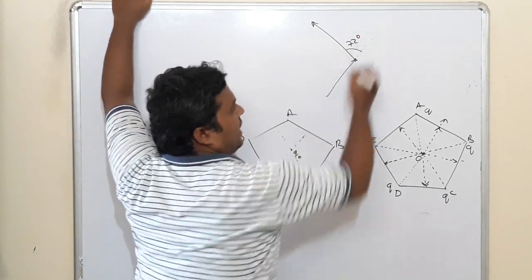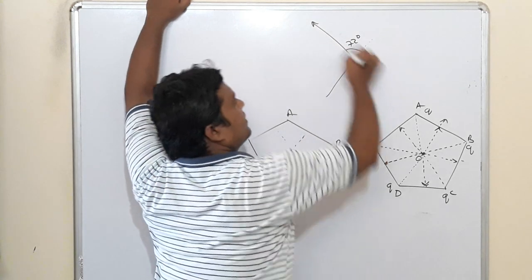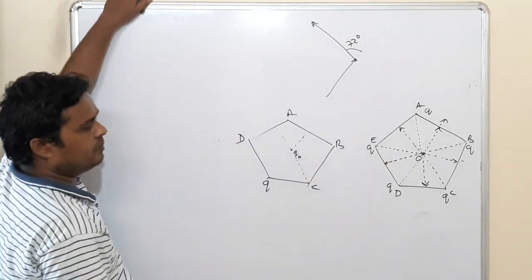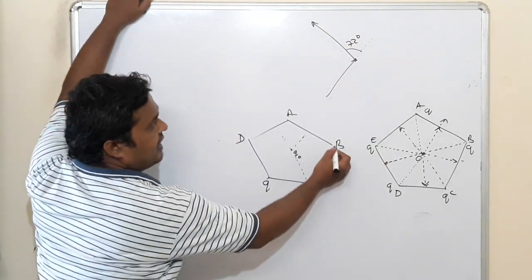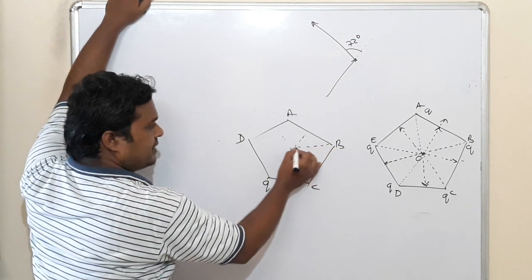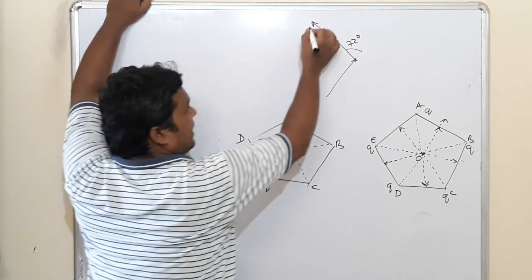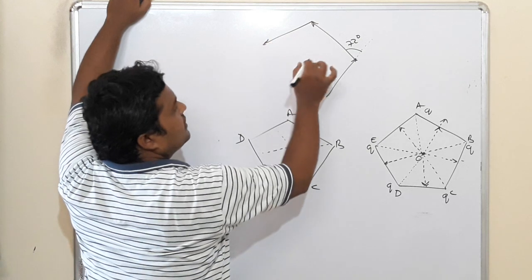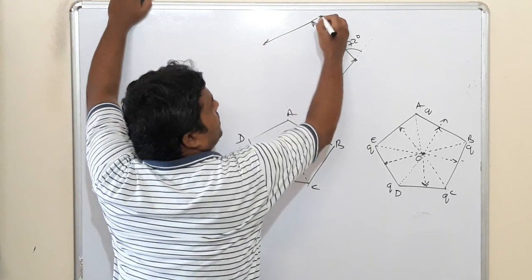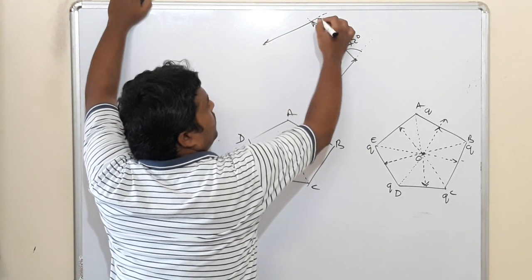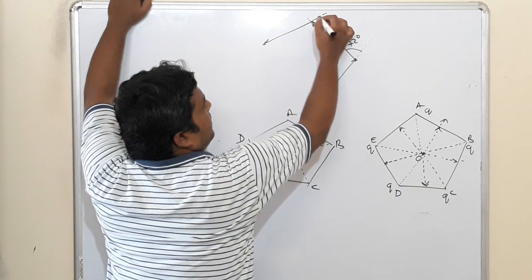See how to take the angle between two vectors. This is one vector, this is another vector. This is the angle. Then this charge will exert the force in this direction, so the angle between these two will be again 72 here.